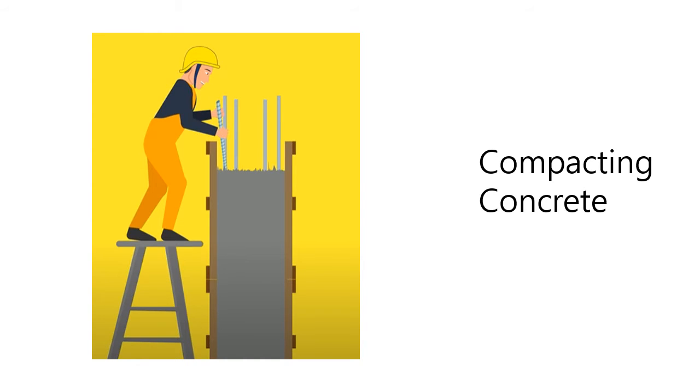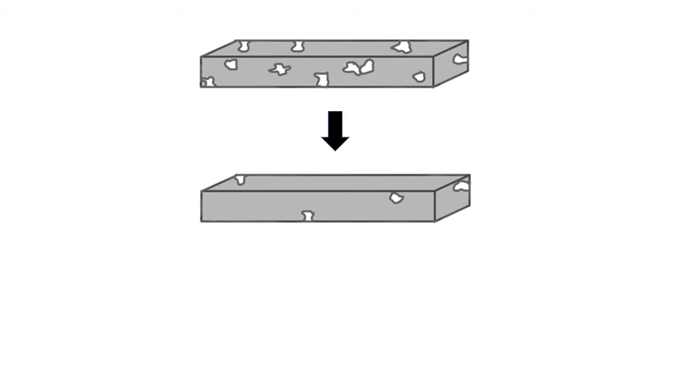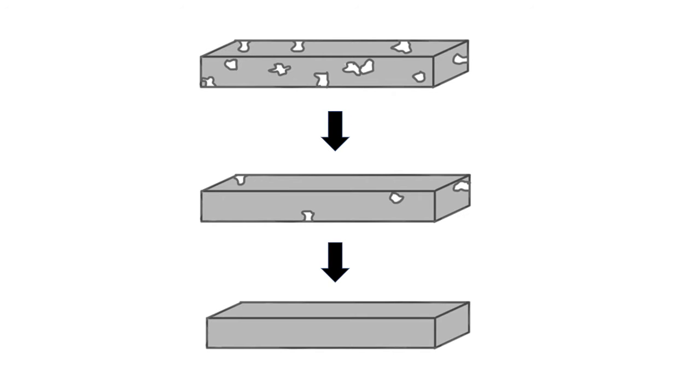Therefore, it is important to make sure that there are as few air voids as possible, and the common way to solve this is the compacting concrete process. After going through the compacting concrete process, many of the internal air voids gradually decrease.